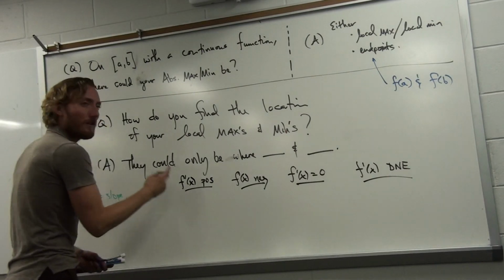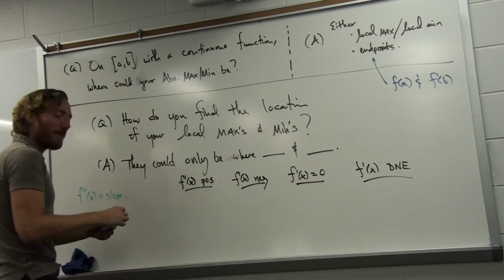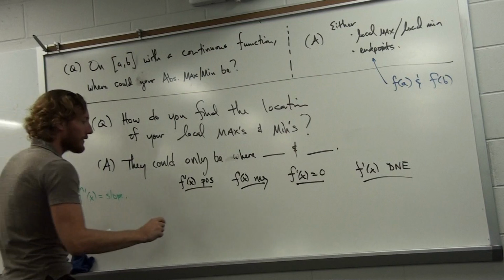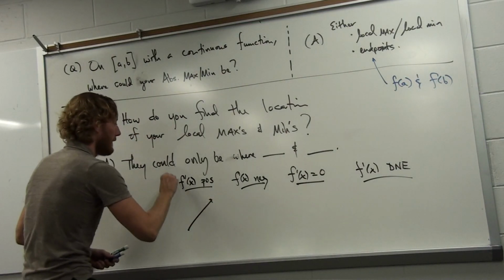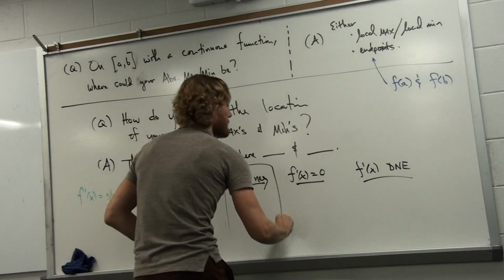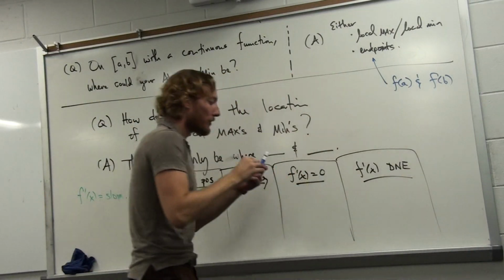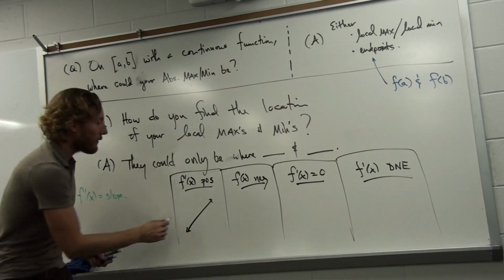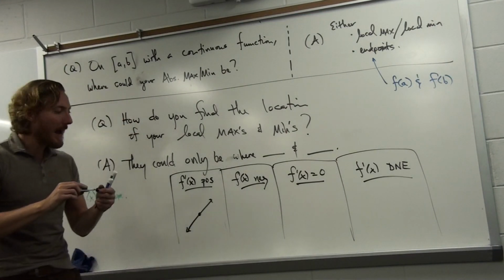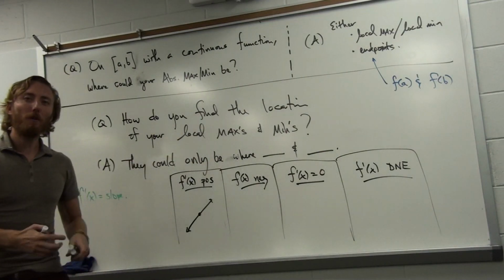Well, what does a function look like whenever its first derivative is positive? When the first derivative is positive, the function is going uphill. And if the function's going uphill, think about this. When the function is going uphill, you couldn't possibly have a local max or a local min.